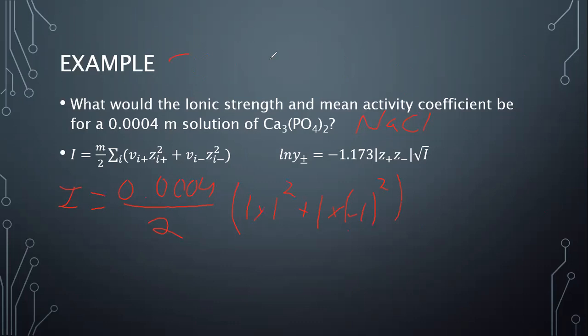So our effective ionic strength would be 0.0004. The molality would be the same as what we would expect for the ionic strength, since we've summed up 1 squared times plus-minus squared.